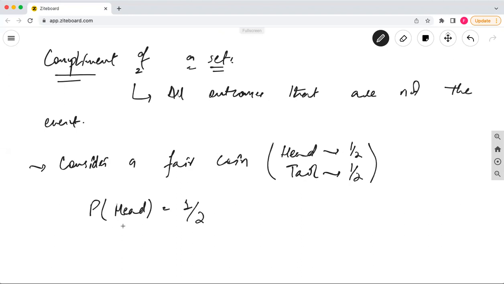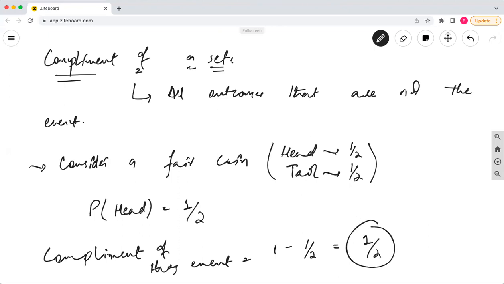If I take the complement of this event, that means I need to subtract this out of the total. Total is 1, so its complement will be 1/2. Right? This is exactly the same concept which we used in the at least scenario, which we discussed last time. This is just to give an idea.